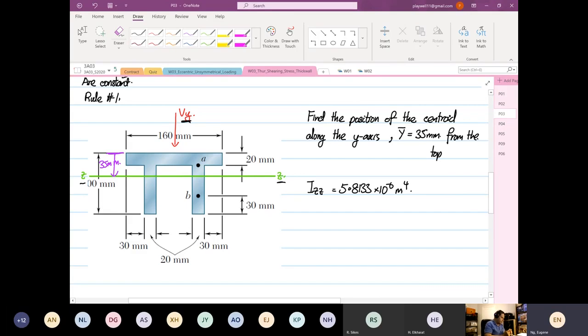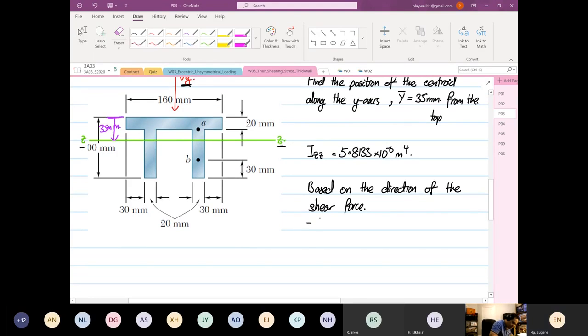Right. There are two terms that I like to introduce to you guys. Okay. So based on the direction of the shear force, the horizontal member is the flange.